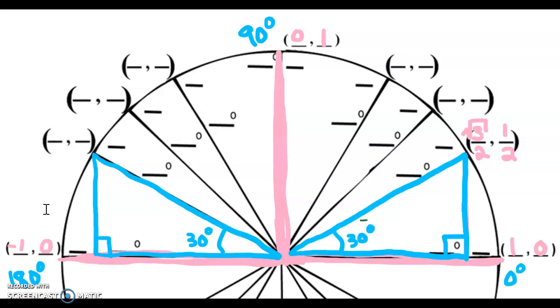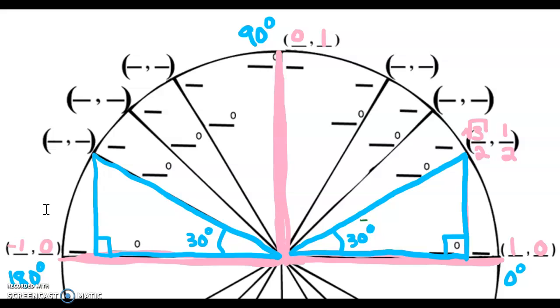And so when we're looking at this, again, we notice that we don't just have this 30-degree angle as a central angle for this triangle in our first quadrant, but we also have one in our second quadrant.